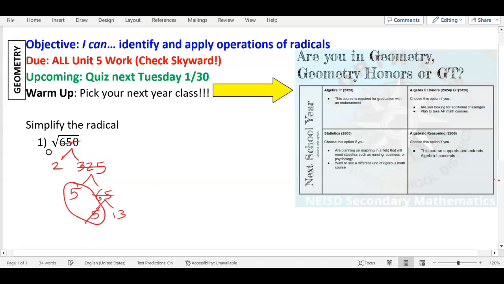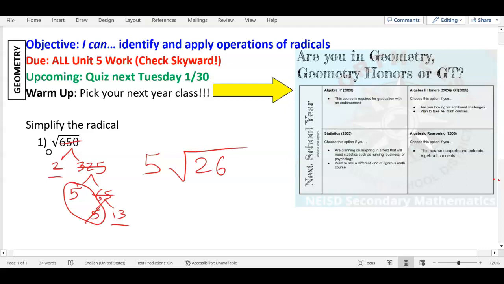One of them, so sad, goes away. Don't want to talk about it. Now, you draw your square root, your radical. Remember, couples go out to the left. Loners stay in to the right. If there's more than one, you multiply. So 5 goes out to the left. And there's 2 loners, 13 and 2. 2 times 13 is 26. That's it.